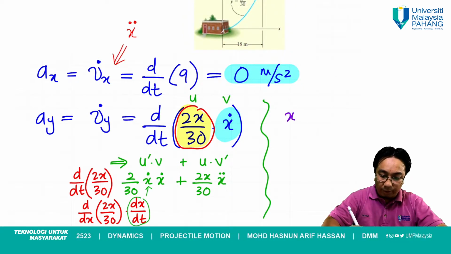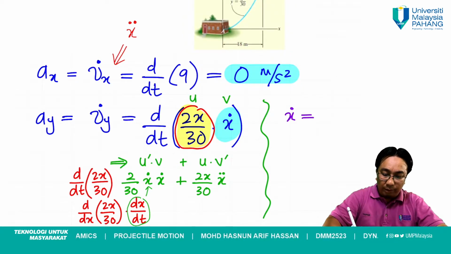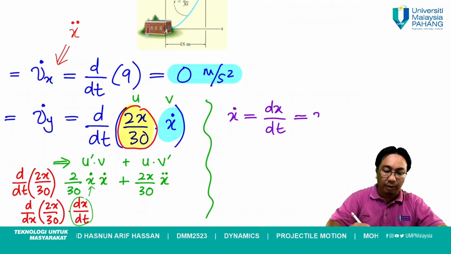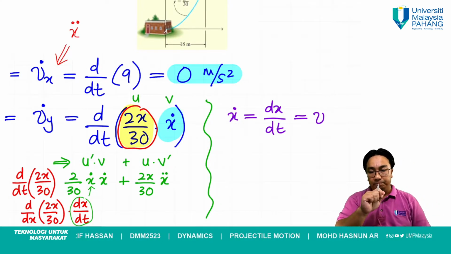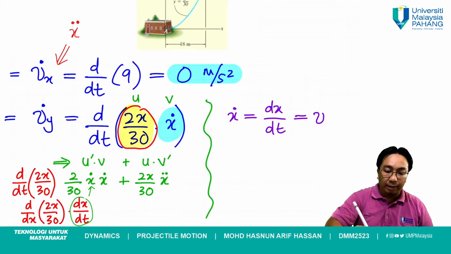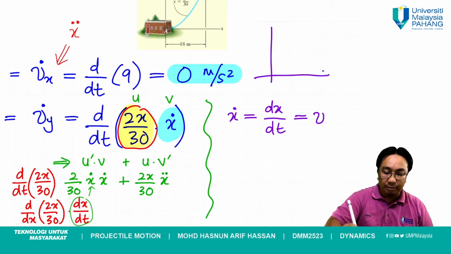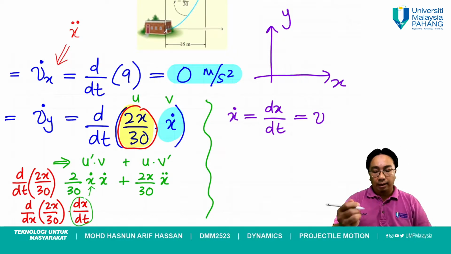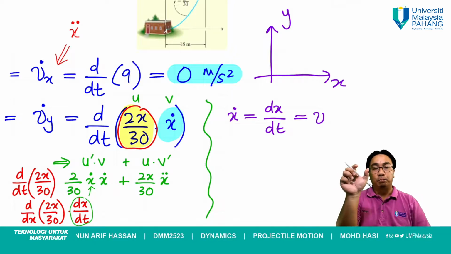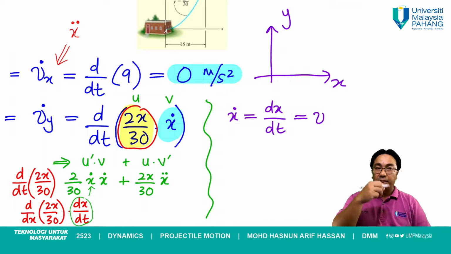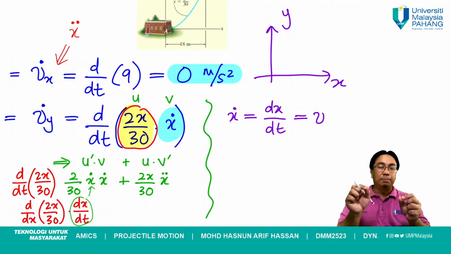X dot is equal to dx over dt, or equal to velocity. X here is what, displacement in the x axis. We have the x axis, we have axes x and y, right? X and y. So x is the displacement or position in the x axis. X dot is the rate of change of that displacement over time.